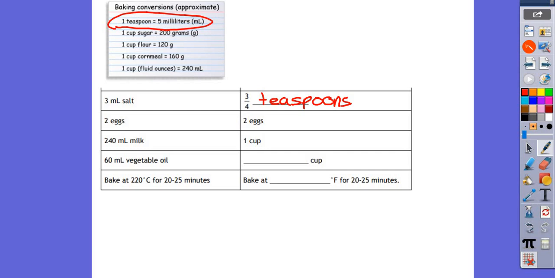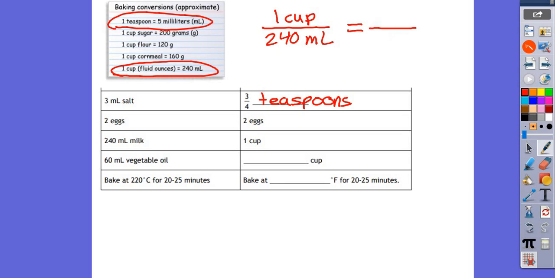Okay, so does it make sense that we're looking at milliliters of liquid here? Yes, ma'am. So we're going to use that to help us. So I'm going to write that because that's what I know. 1 cup equals 240 milliliters.